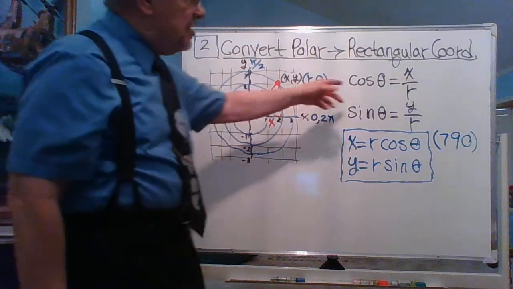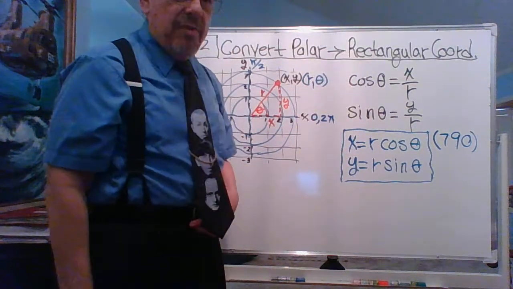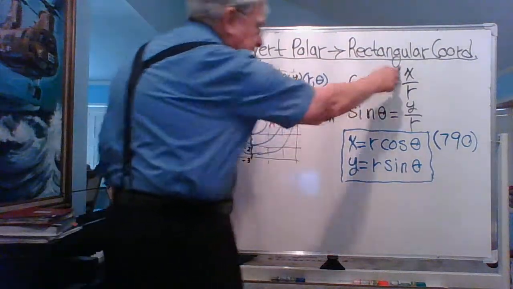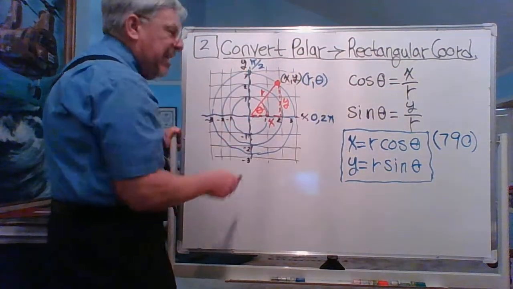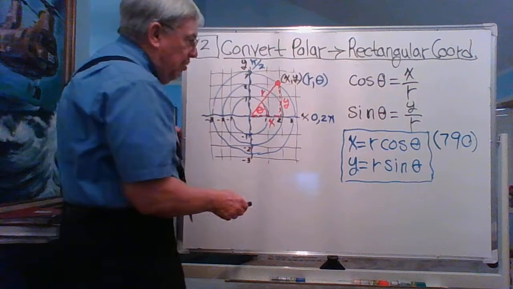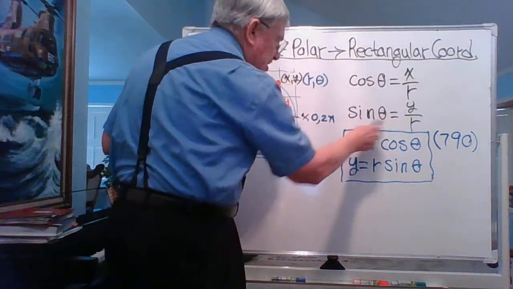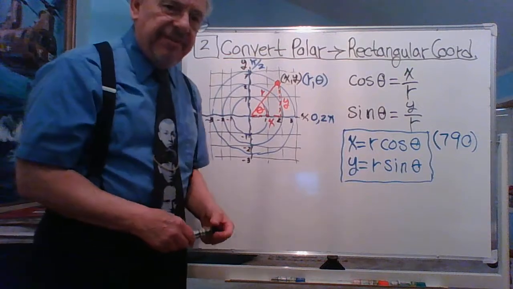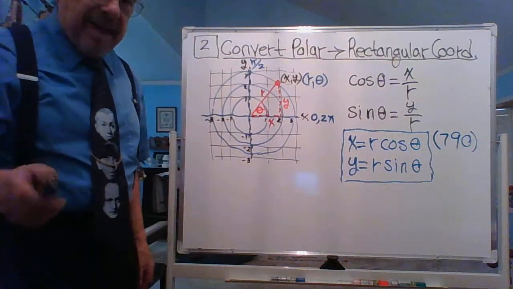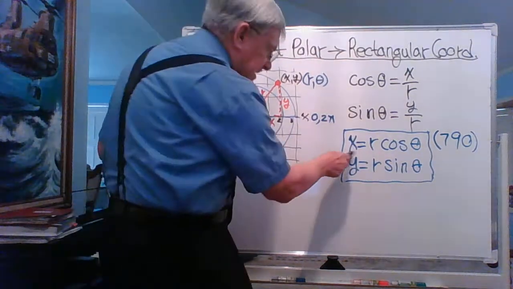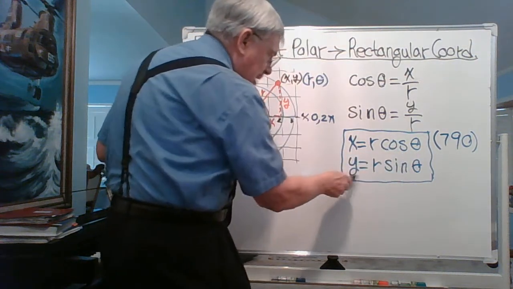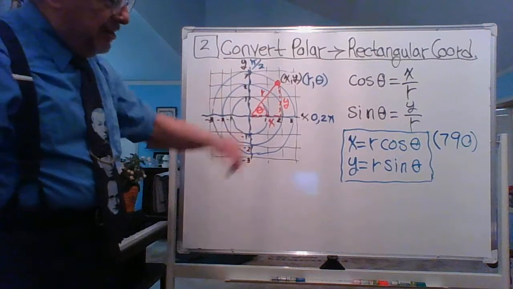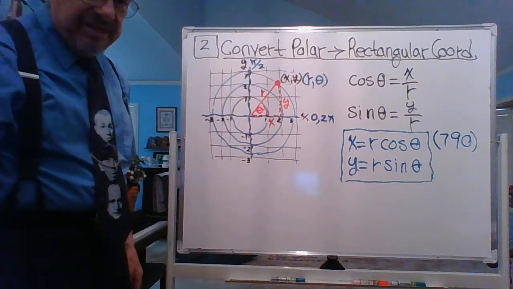If I take the cosine of theta, that's adjacent over hypotenuse, which would be the x measure over r, x over r. And then sine theta, opposite over hypotenuse, would be the y measure over r. So sine theta equals y over r. If I solve both of those respectively for x and y, I get these two relationships. x is equal to r cosine theta, and y is equal to r sine theta. And those are laid out in the box over on page 790.